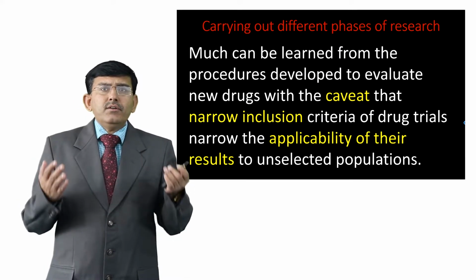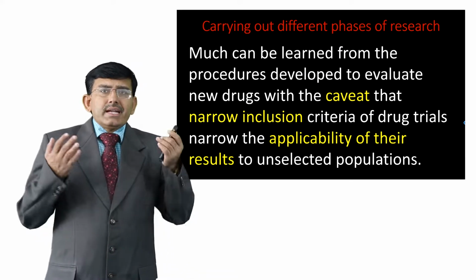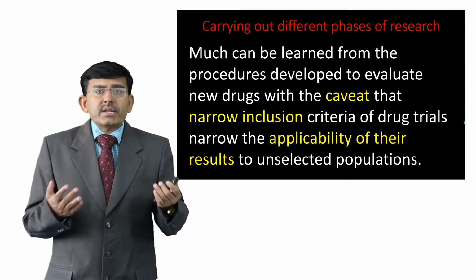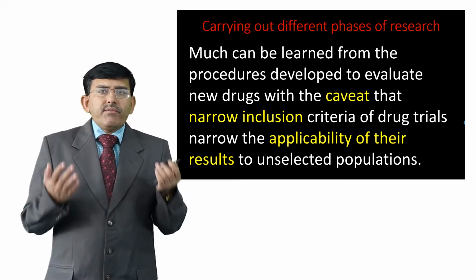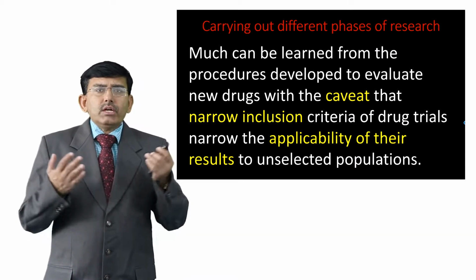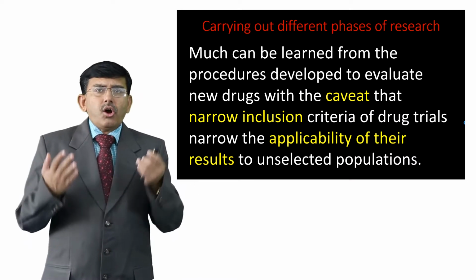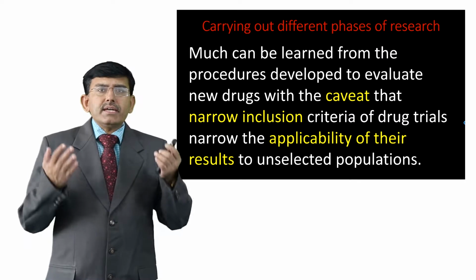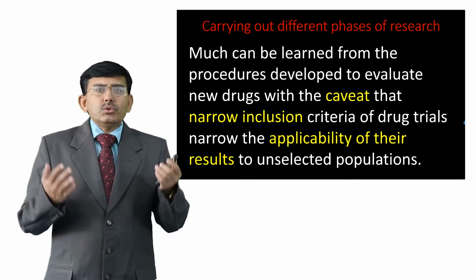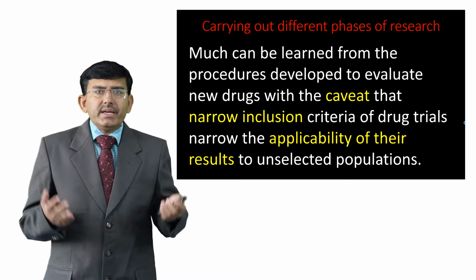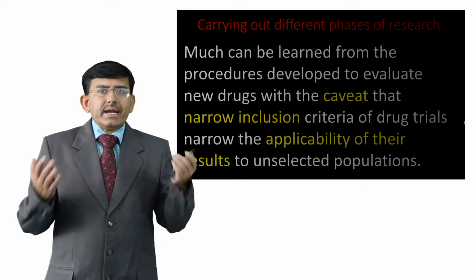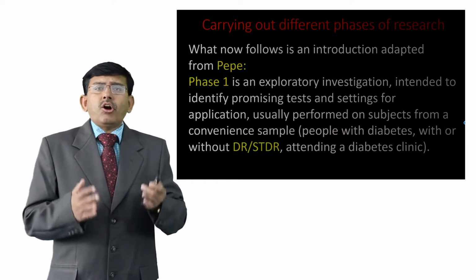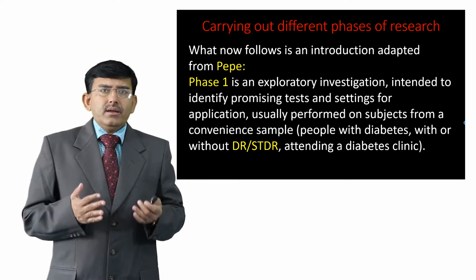Much can be learned from the procedure developed to evaluate new drugs, with the caveat that narrow inclusion criteria of drug trials narrow the applicability of their results to an unselected population. So while selecting, it should be in a proper order.